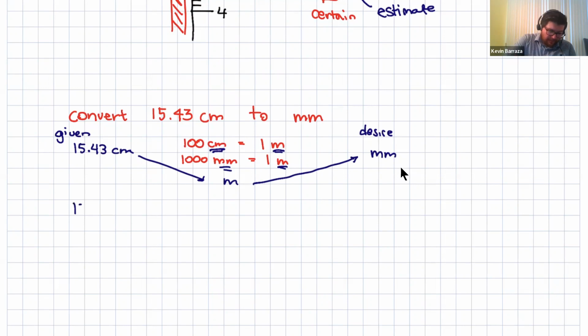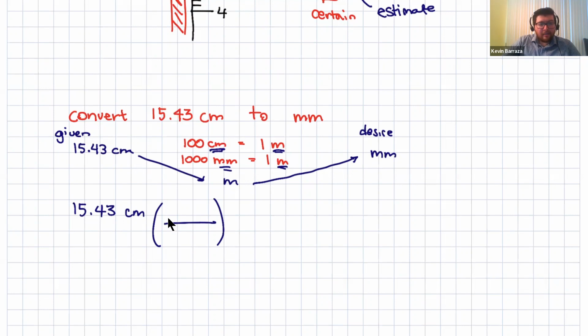So let's go ahead and put that together as math. 15.43 centimeter. And then our rule is we're going to do math with fractions. So it's a fraction that we call a conversion factor. It gives us the relationship as a fraction. So that relationship is 100 centimeters makes a meter. How are we going to put this information in? We want to make sure that our unit changes in the next step.